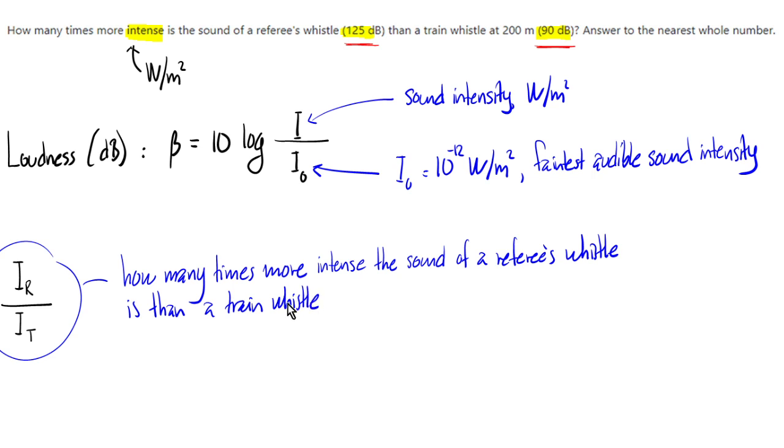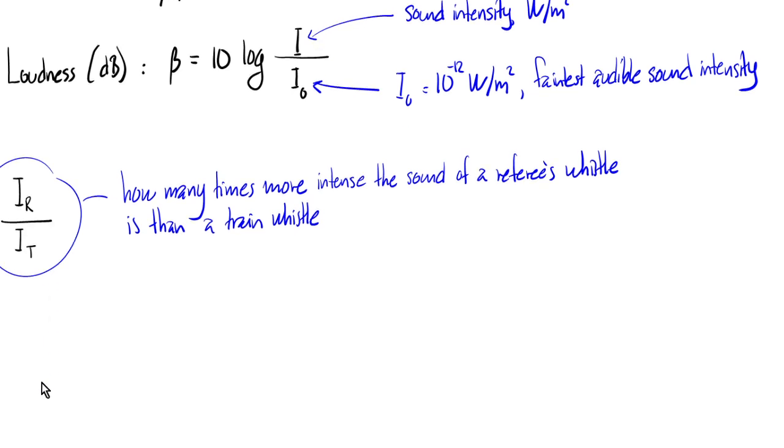So we have to use this formula and determine the sound intensity, the capital I in the numerator here, for the referee's whistle and the train whistle, and then we're going to divide them like this. Let's start with the referee's whistle here.